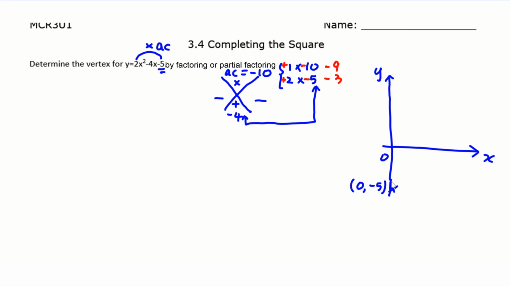If we find the symmetric point for (0, negative 5), the y value will be the same. We need to find the x value. Once we are able to find the x value for this symmetric point, we are able to find the axis of symmetry, the line that divides the U shape in half.